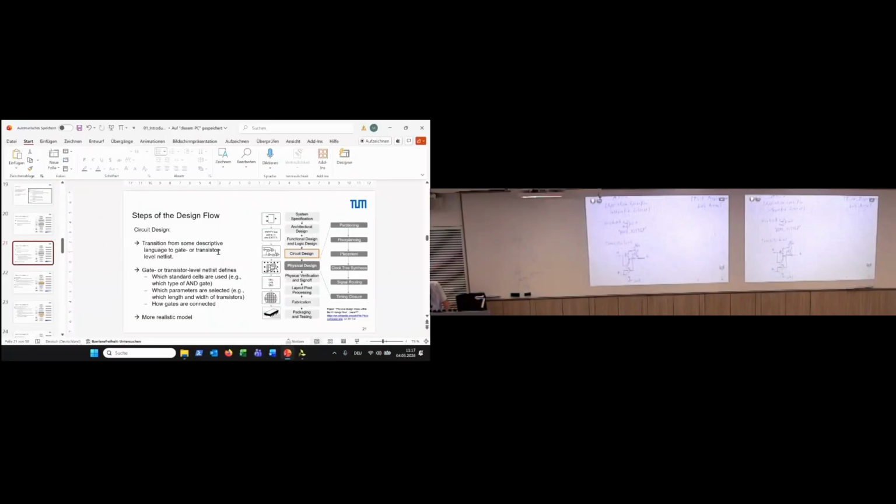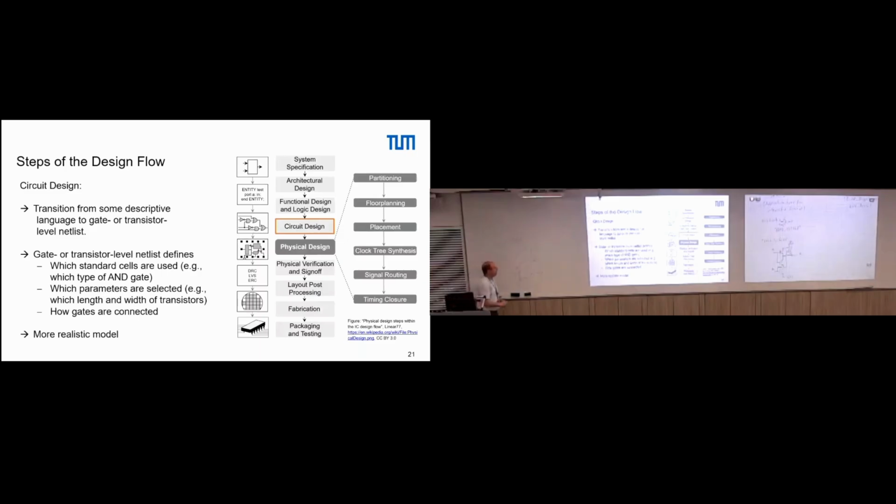Okay, now before I go to the next step, and to the FPGA, let's see where we are. So we said we are in the circuit design. We can implement our logic now on gate level, where we have only logic gates and registers at the end. Yeah?